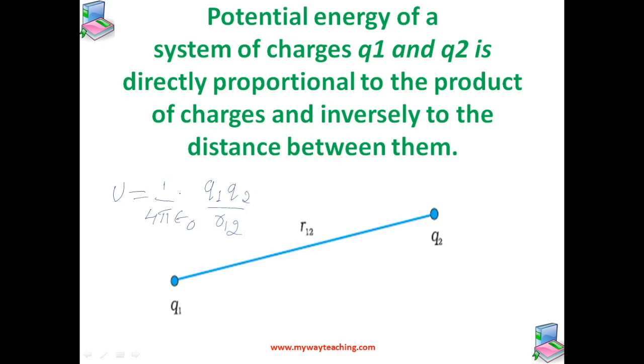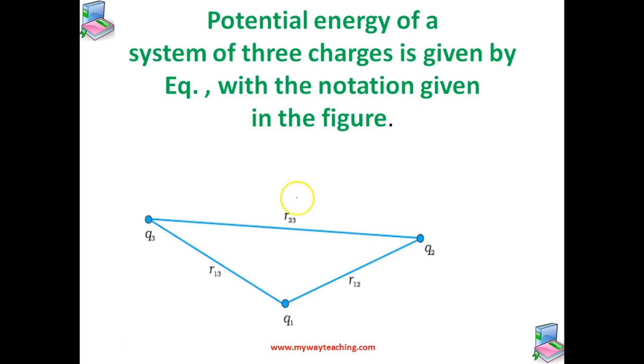And we can generalize this equation for any number of point charges. So let us calculate the potential energy of a system of three charges Q1, Q2 and Q3, which are located at R1, R2, R3. First, to bring Q1 from infinity to R1, no work is required. In that case, potential energy is 0.